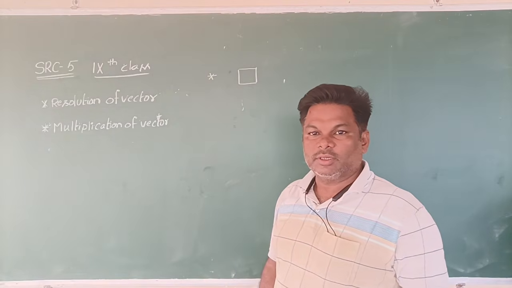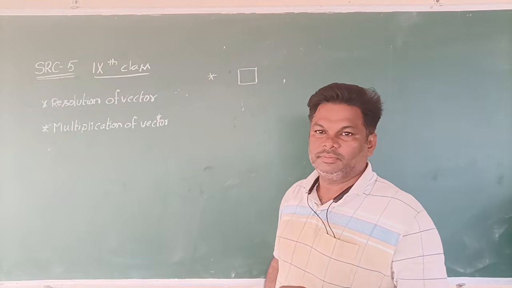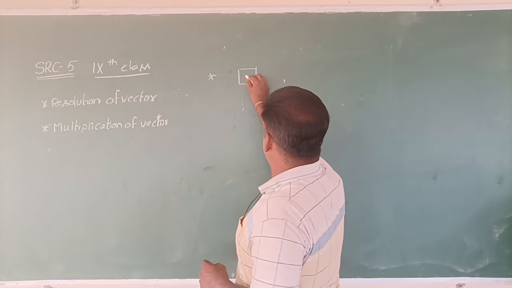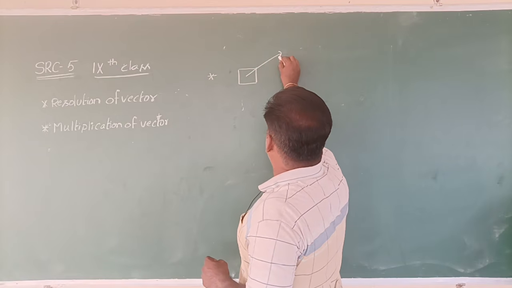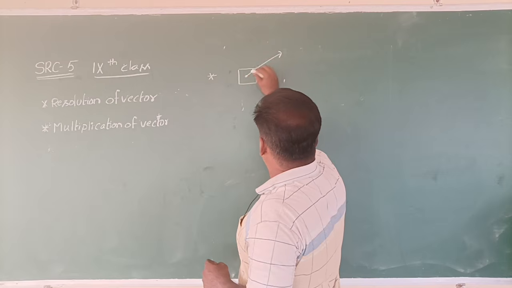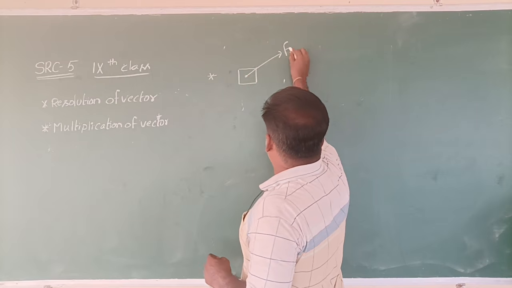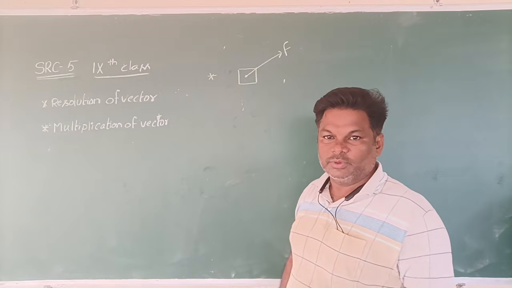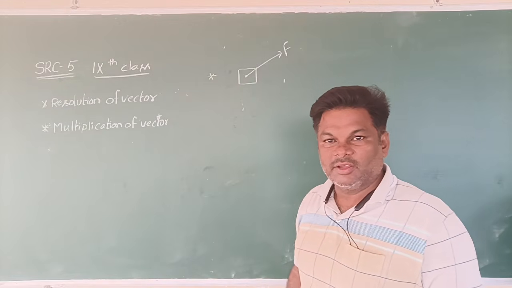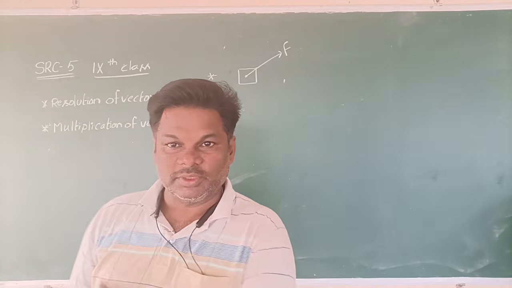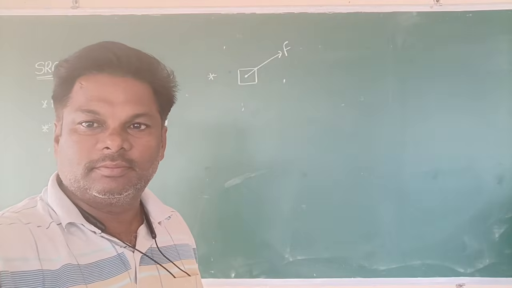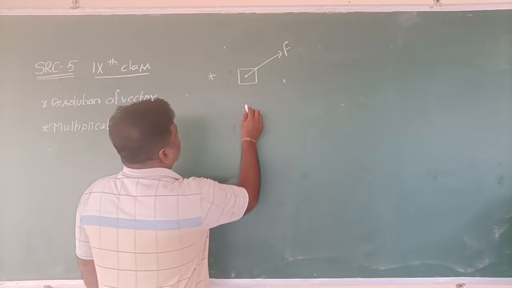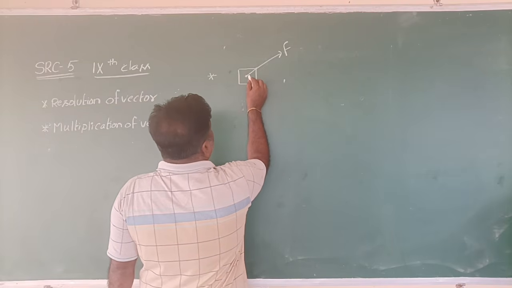So this is a block. When you are applying force on this, that will act here so that you can pull this object along the direction of applied force. When you are pulling, this will move now.